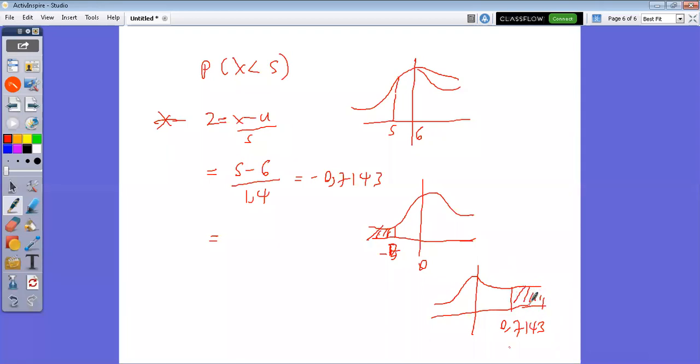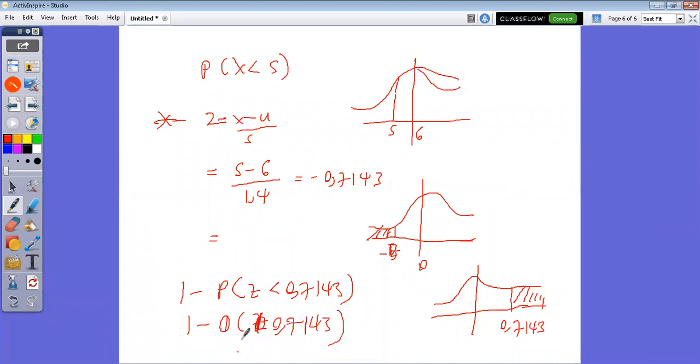To find that area, your table can only find this area. So it's 1 minus the probability of Z being less than 0.7143, which is equal to 1 minus phi of 0.7143.